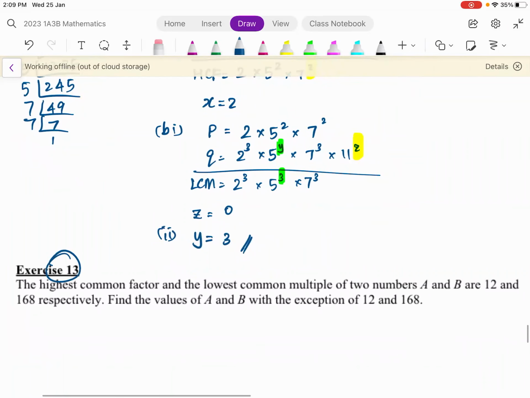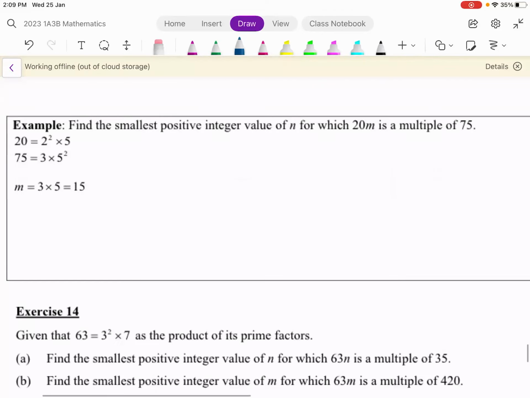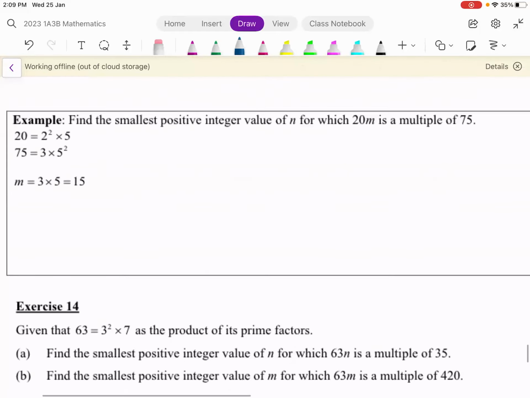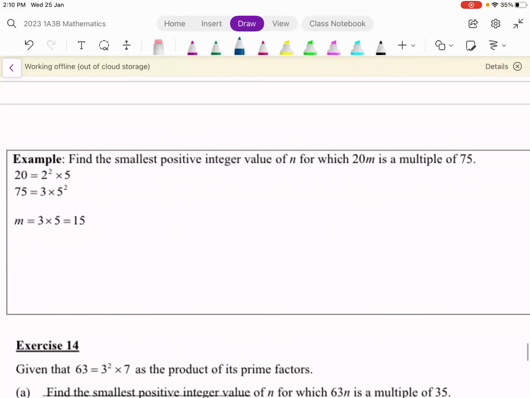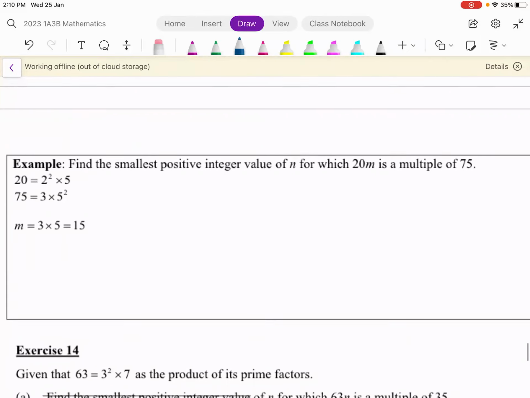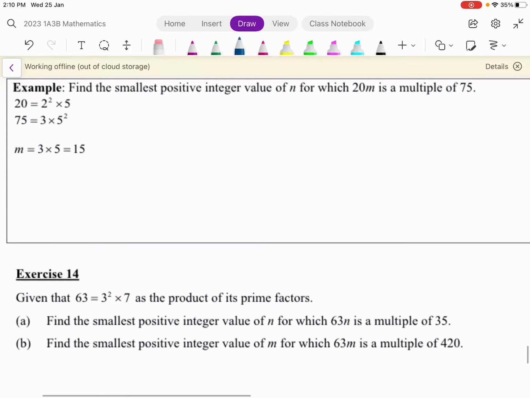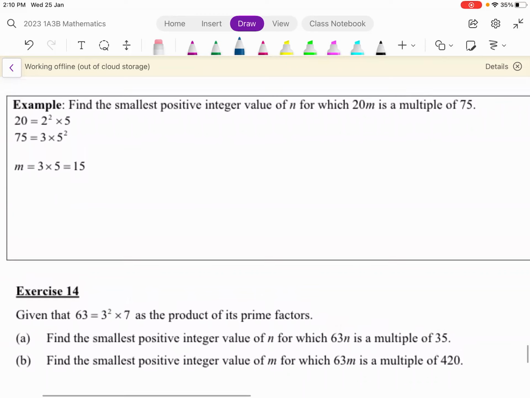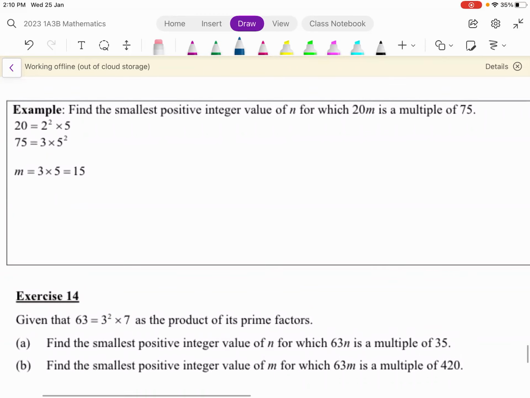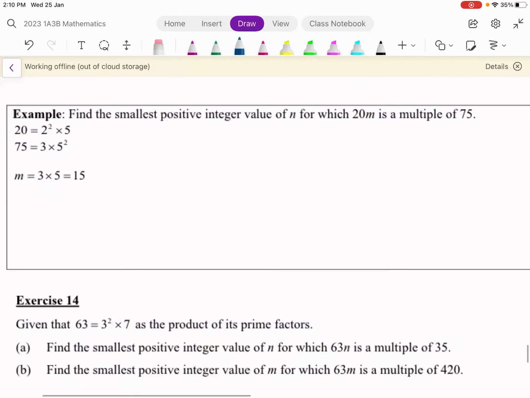Okay, this is a similar question to what we did just now. So this is your homework, exercise number 13. Okay, there's a typo over here, the next one.